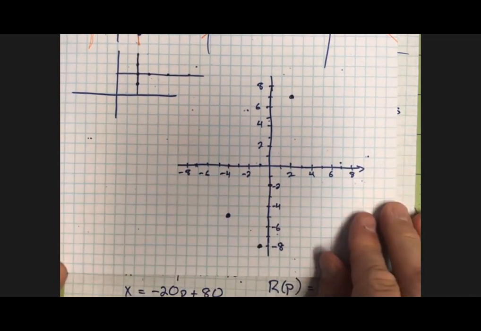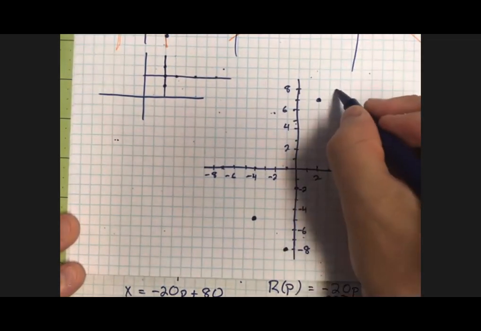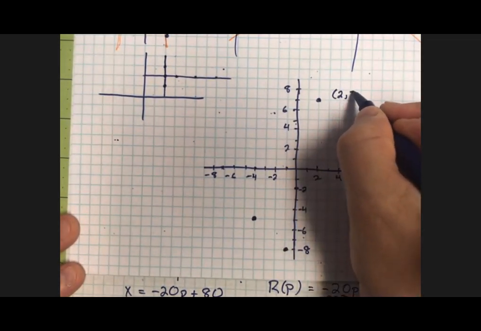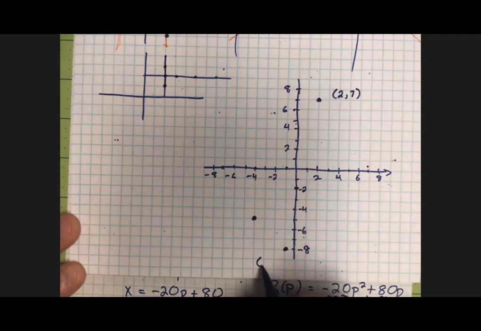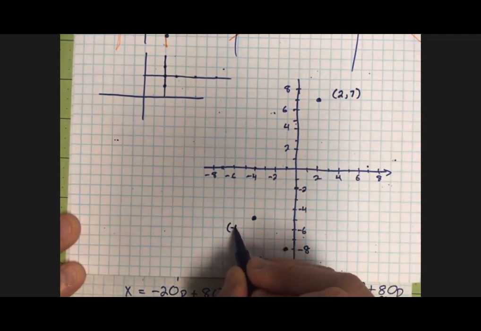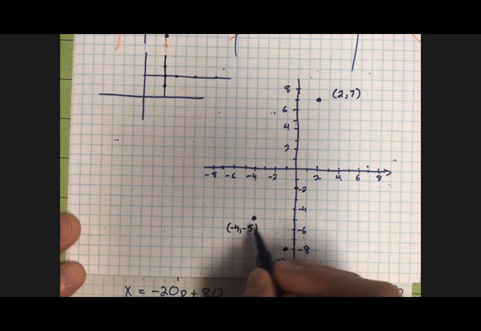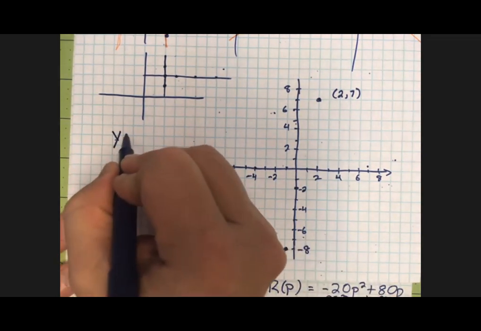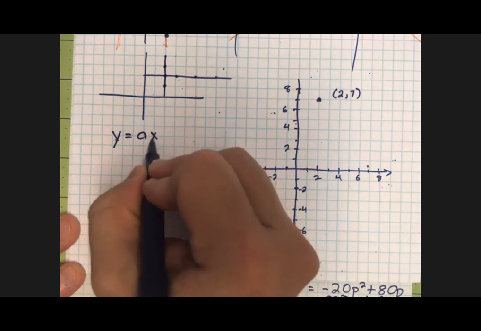Here's the logic we're going to use. I could write down these names here just so you see them. I know that every parabola written in standard form looks like this.